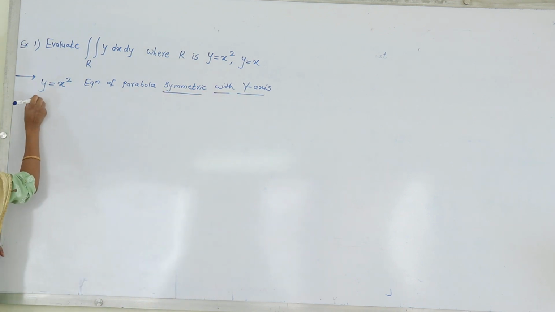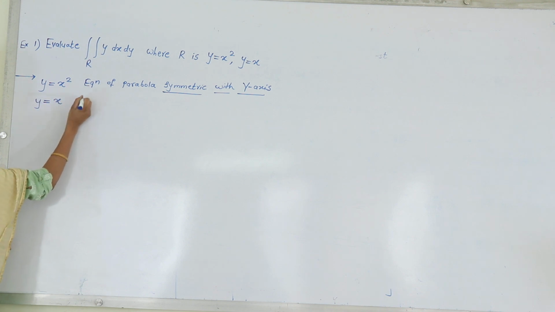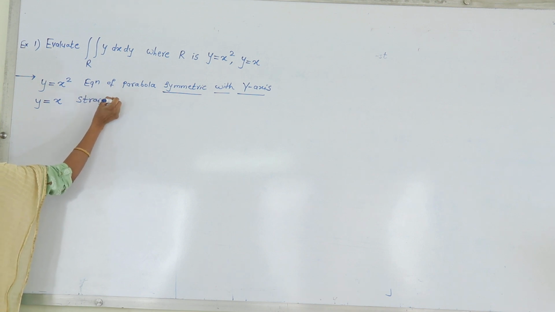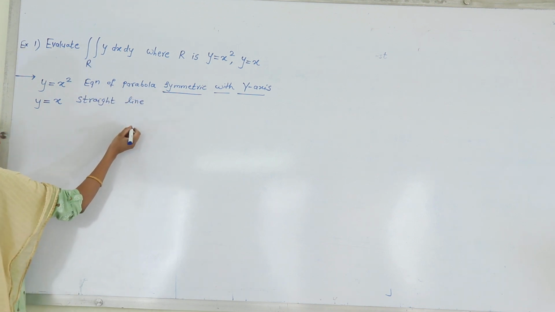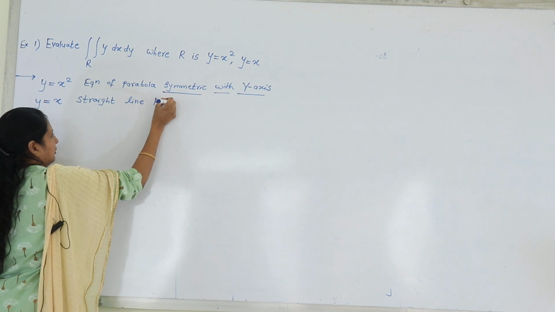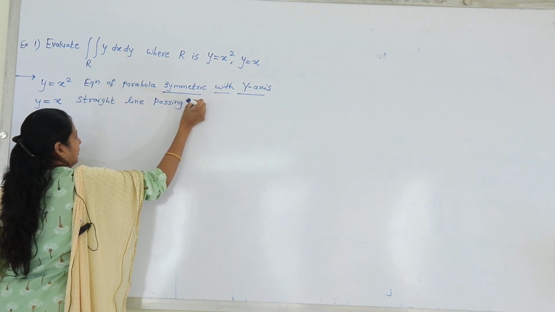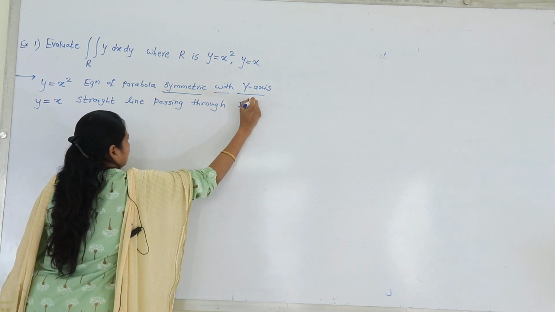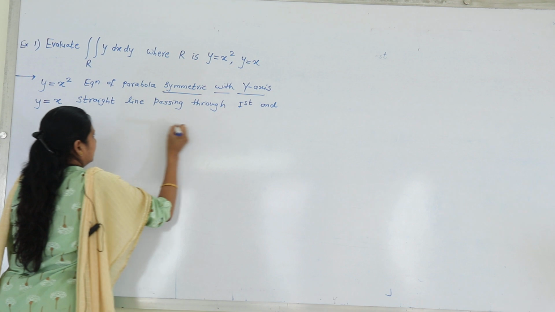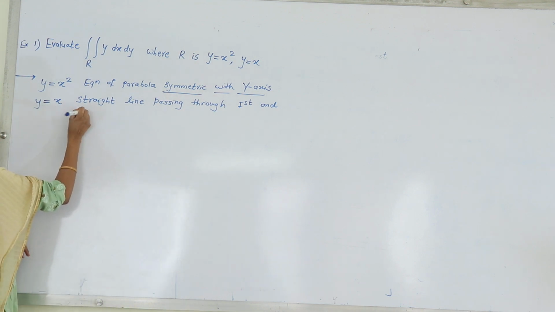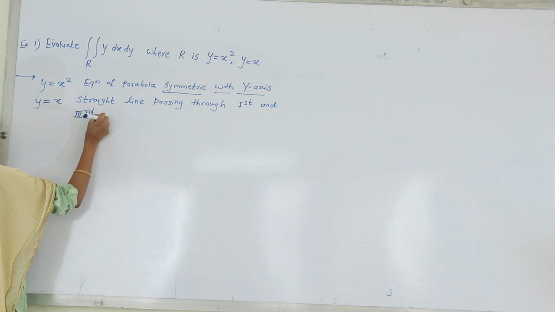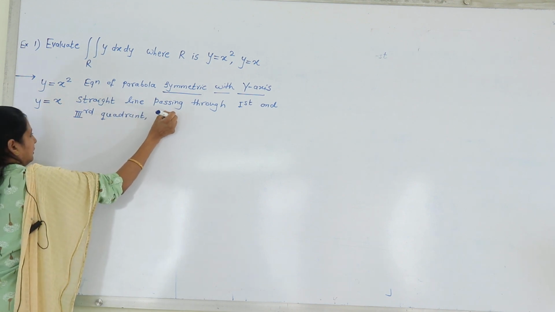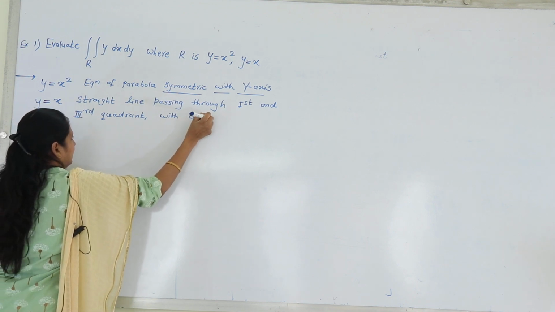Then the second equation is y is equal to x. It is a straight line passing through the first and third quadrant with angle 45 degree.